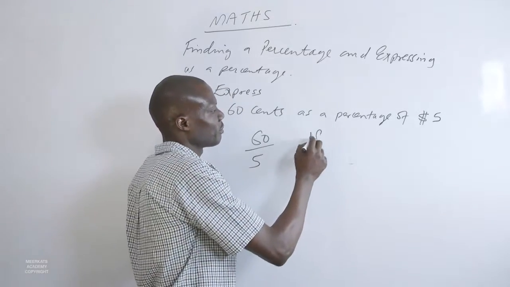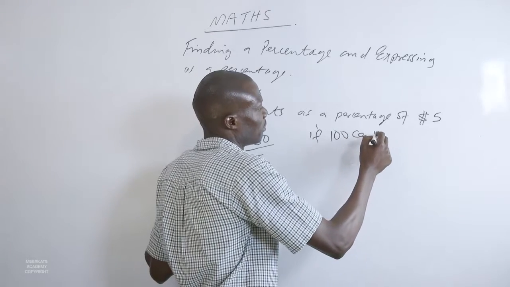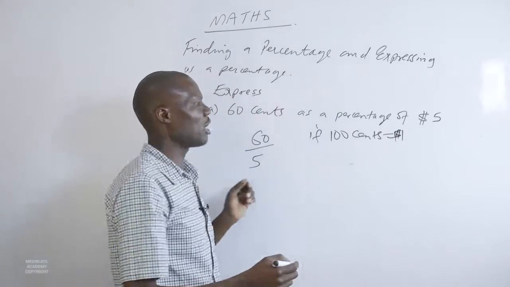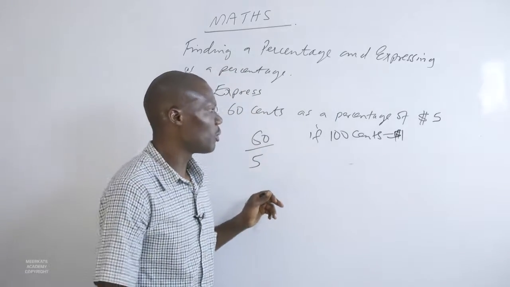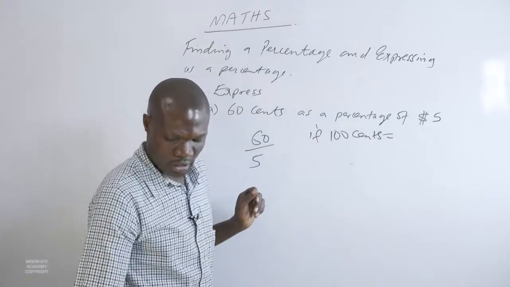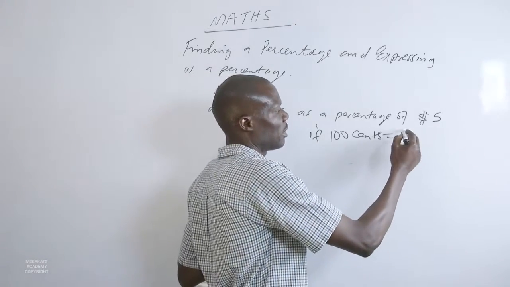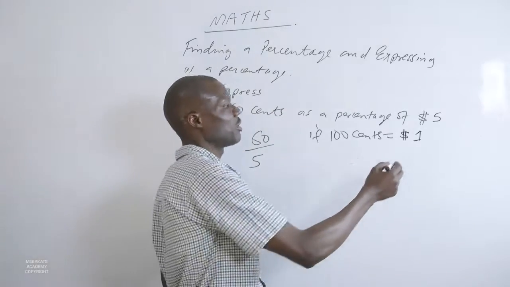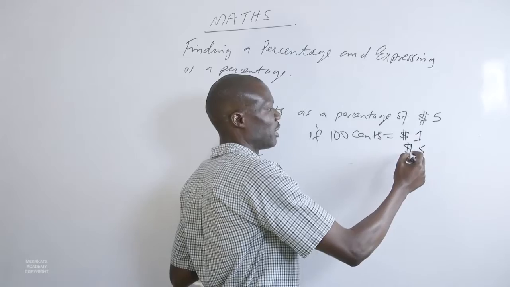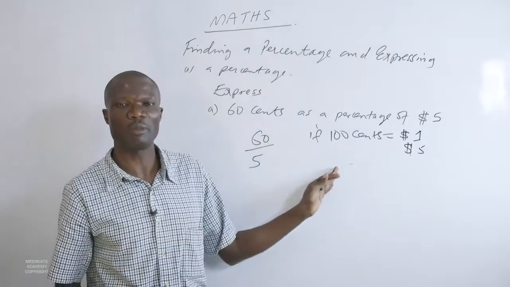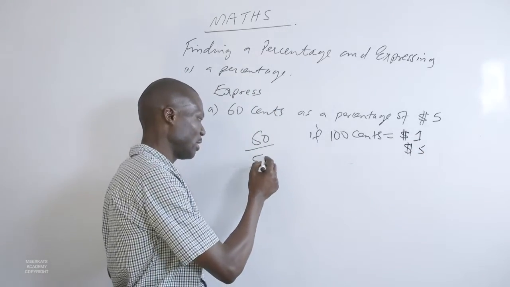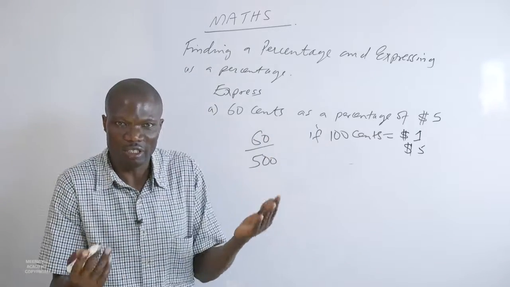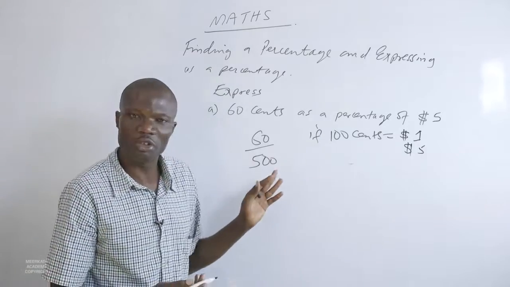If 100 cents is equivalent to $1, how about $5? It will be 5 multiplied by 100, which is 500. Therefore, we have 60 in cents, and we have the $5 now also written in cents.